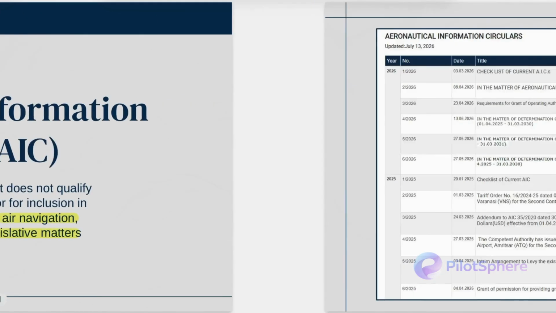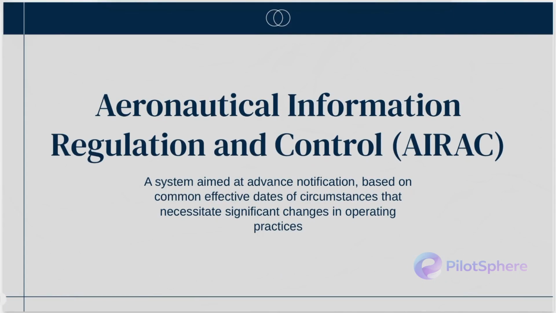What we're going to take a look at now is how they are distributed in a timely manner. How do we get this information without being on a different page from another operator or another airline? We have something known as AIRAC, or Aeronautical Information Regulation and Control.